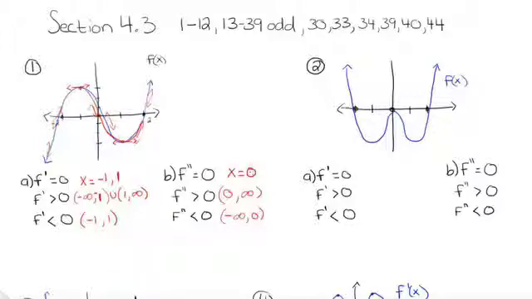Okay, question 2. Same thing, we're looking at the function itself. So where is the first derivative 0? That's going to be any place where my tangent lines would have a slope of 0. So any of my local mins and maxes. So it looks like x equals -1, 0, +1. Where's my first derivative positive?